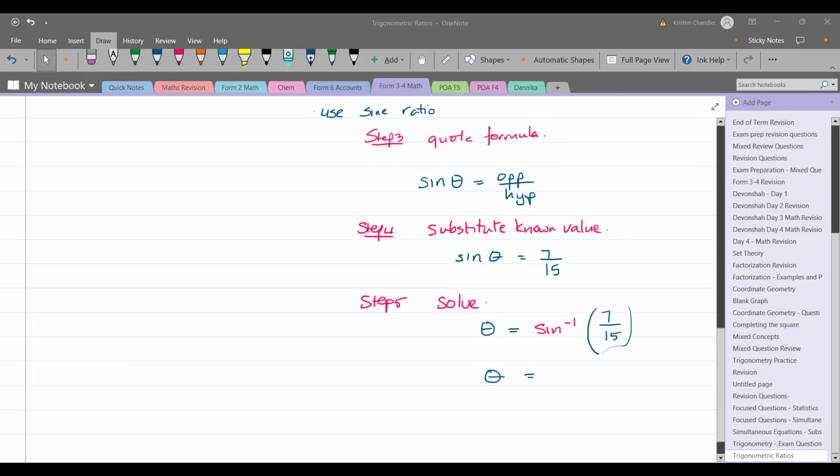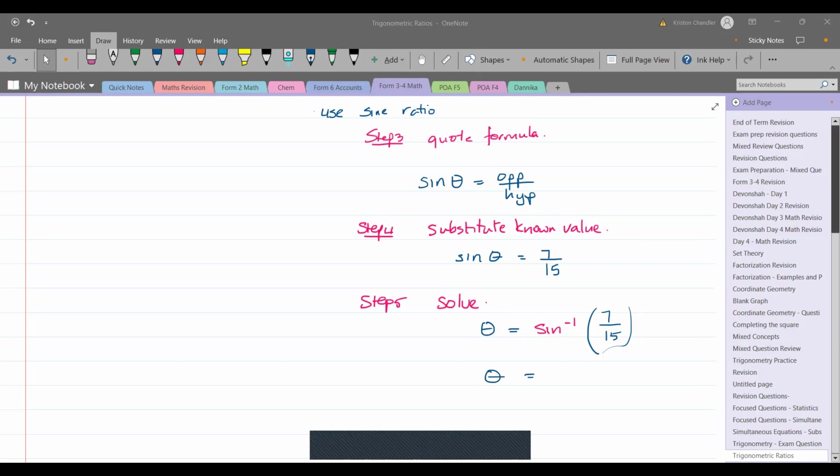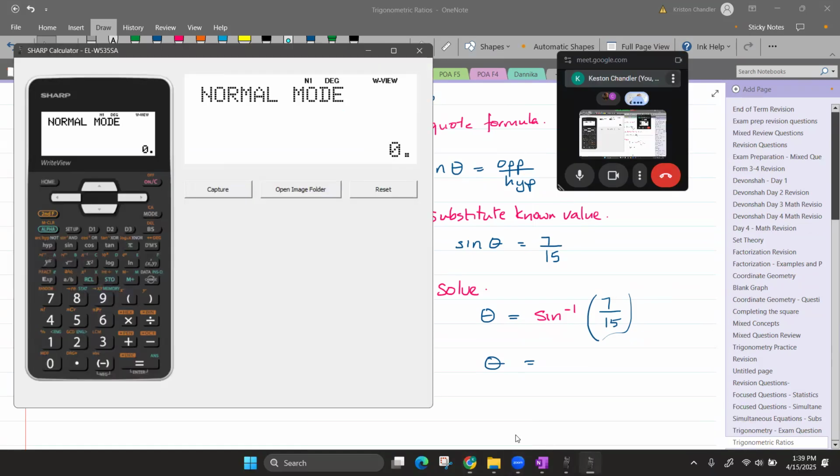To change my screen share. So sharing the entire screen because I want you all to see how you plug this into a calculator.